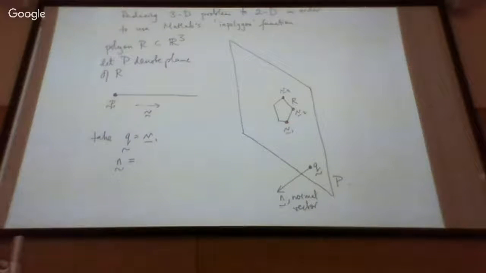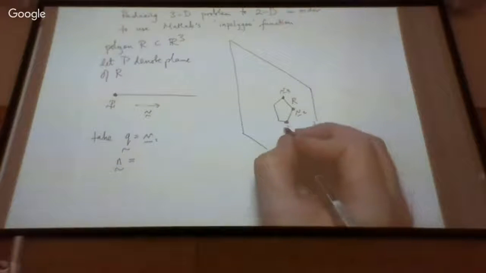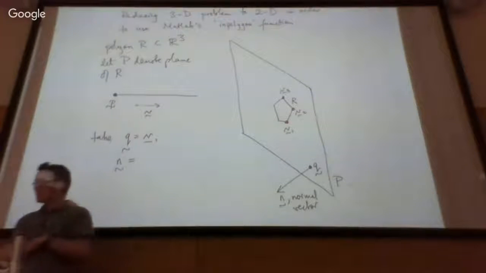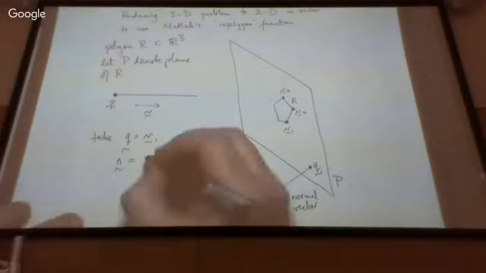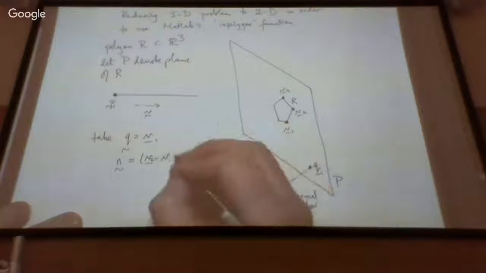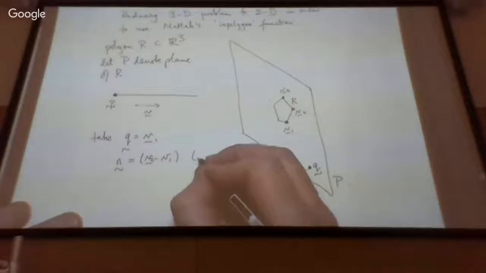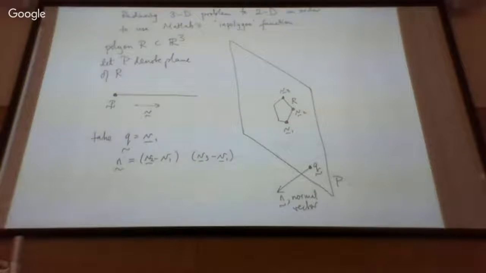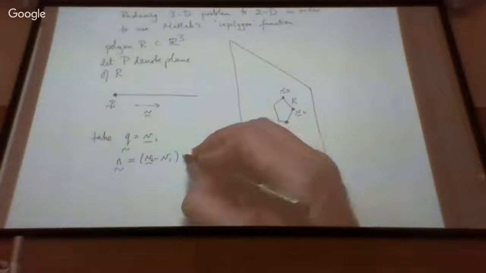To get a normal vector to the plane, I just need 2 vectors lying within the plane. So I could take the displacement vectors pointing along 2 of the edges: v2 minus v1 and v3 minus v1. Those are 2 different vectors within the plane, and I could take their cross product.